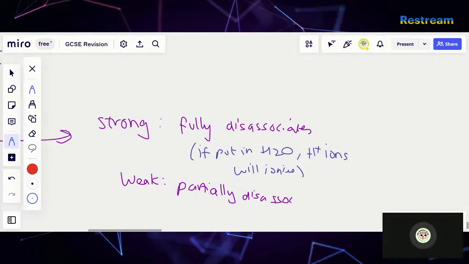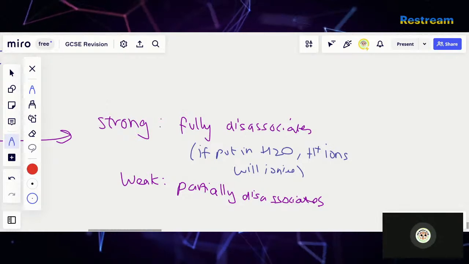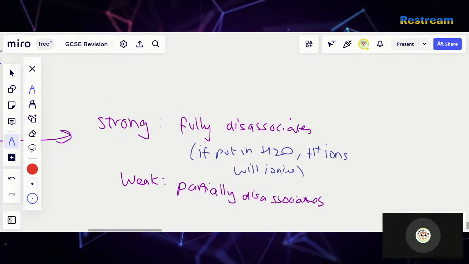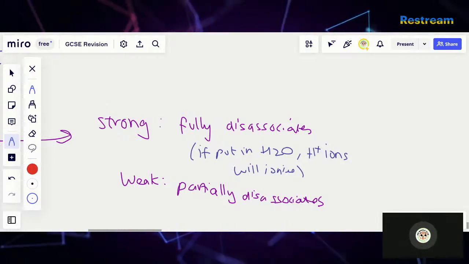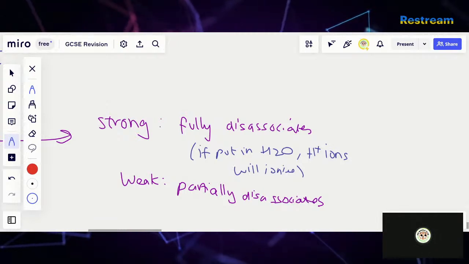And therefore, if you put a weak acid in water, the H plus ions will not fully ionize. I hope that makes sense. If you have any more questions, feel free to put them in the chat so I know and I can stop and re-explain something for you. Let's move on to the next question.